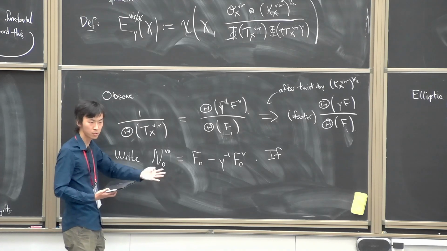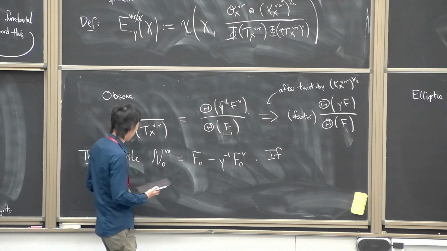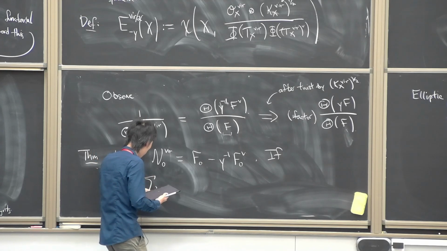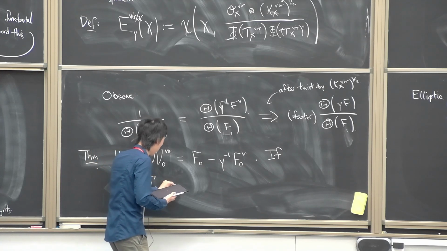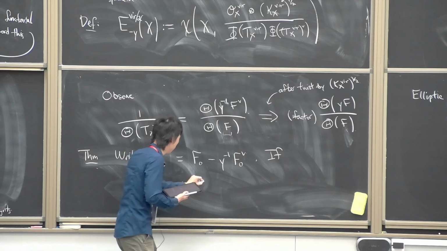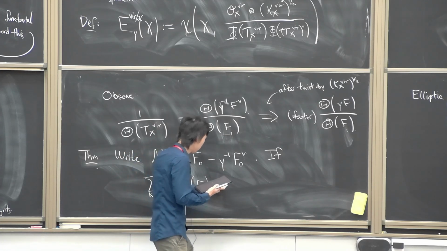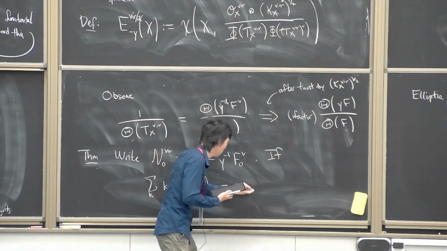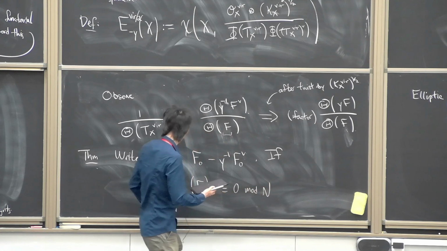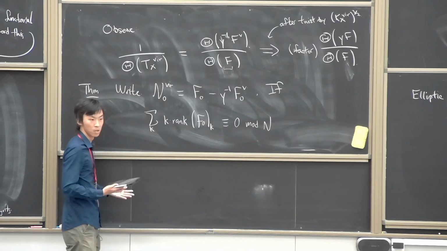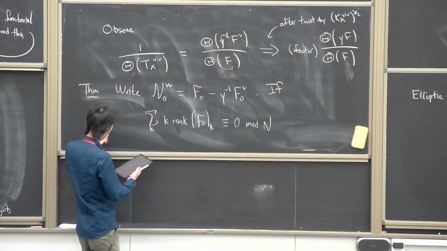They decompose into pieces graded by C star weight. So if the sum over k of k times the rank of the kth weight piece of F naught is 0 modulo n, then you will have the invariance of virtual chiral elliptic genus.